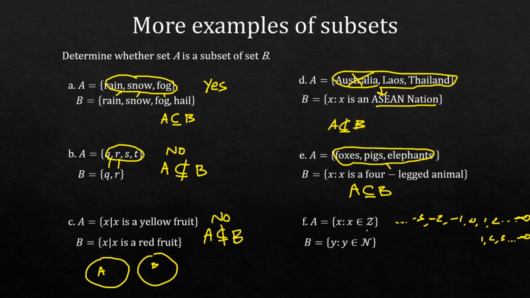Okay, so is A a subset of B? Are all of these elements in this set? No, because integers can include 0 and negative numbers. So in this case, A would not be a subset of B.